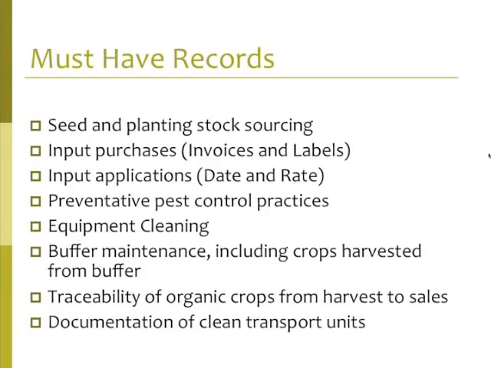For example, if you hire out a trucking service to get your crops from your farm to the market, some sort of record showing that the truck was cleaned before organic products were put into that truck so they weren't contaminated with non-organic products, non-organic crops, not commingled during the transporting process.